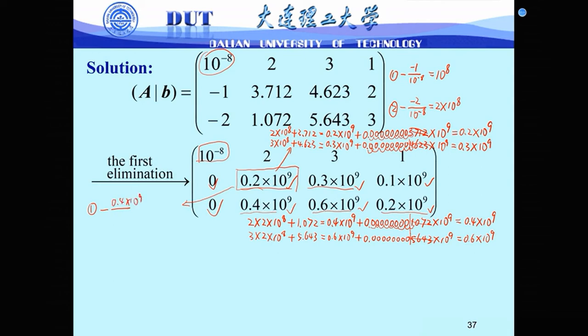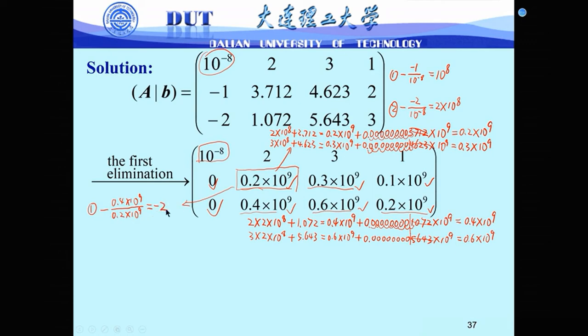And what is the denominator? The denominator is the pivot, so it is 0.2 multiplied by 10 to 9. So what's the ratio? It is just minus 2. Clear? The multiplier now is minus 2.